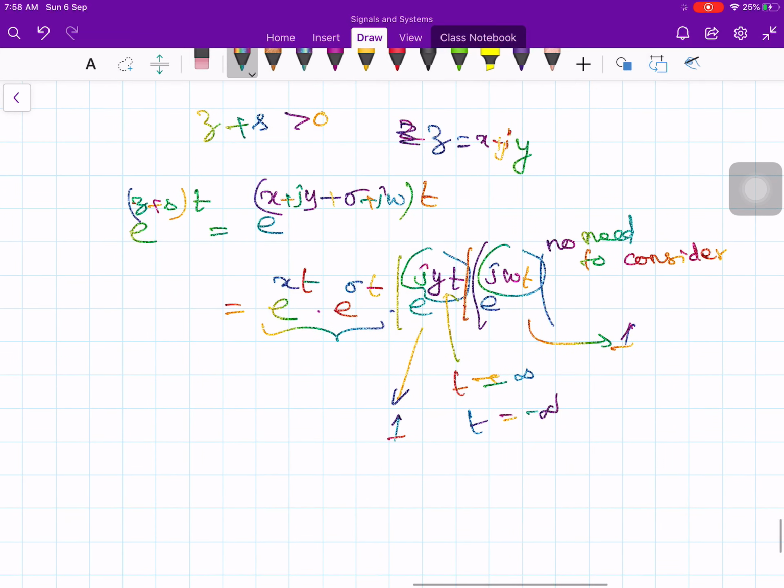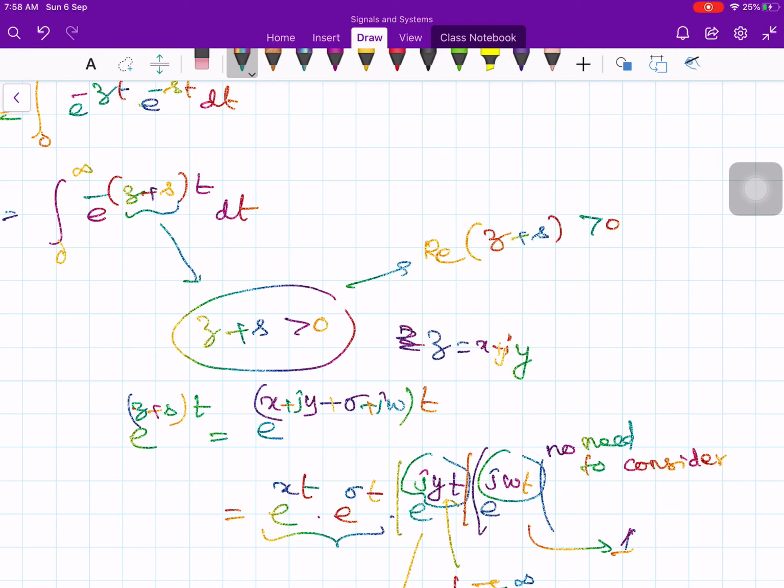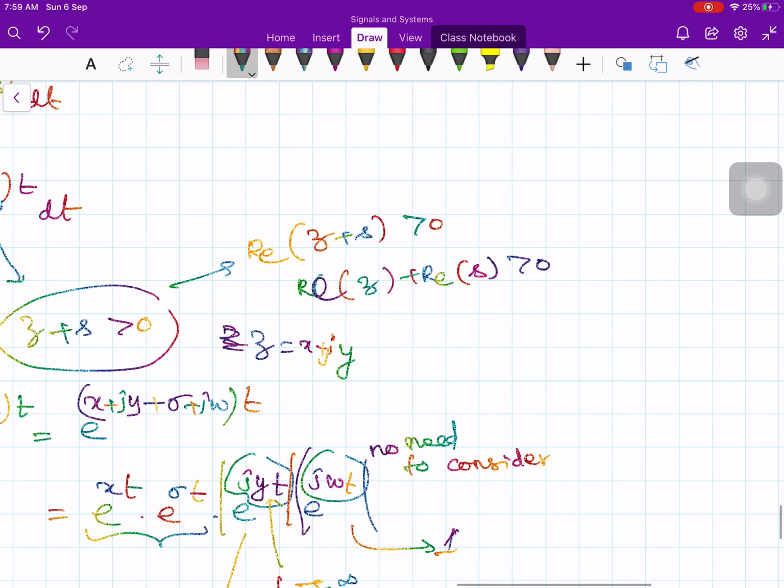Therefore, when I say z plus s is greater than 0, from this integration what I mean is the real part of z plus s is greater than 0. That means the real part of z plus the real part of s is greater than 0. What is the real part of s? Sigma. Therefore, sigma is greater than minus the real part of z, because when it goes to the right hand side, it becomes minus.